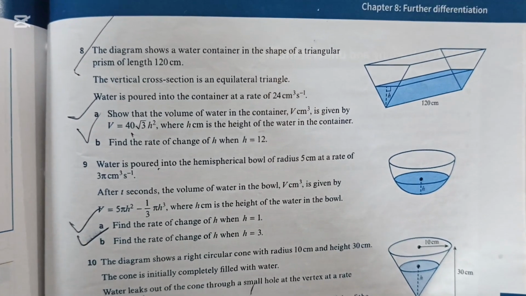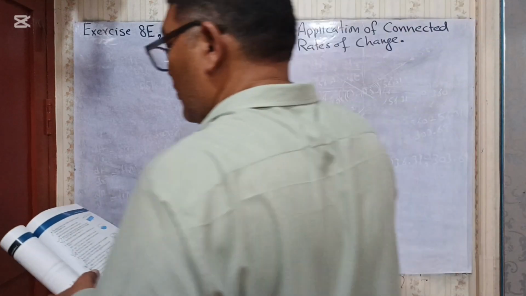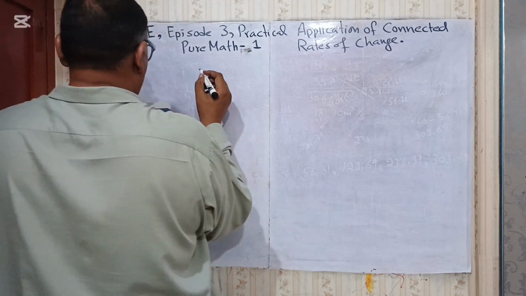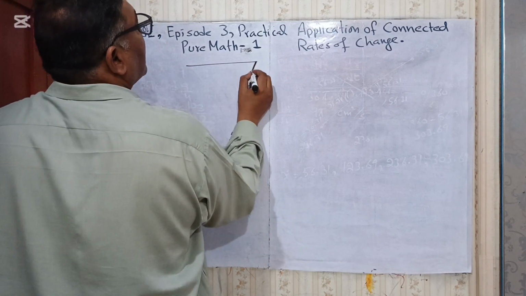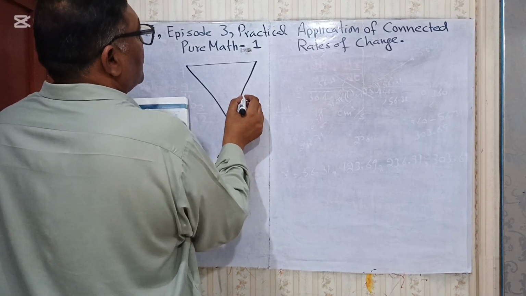Show that the volume of the water in the container V centimeter cube is given by V equals 40 root 3 h square, where h centimeter is the height of the water in the container. Find the rate of change of h when h is equal to 12.